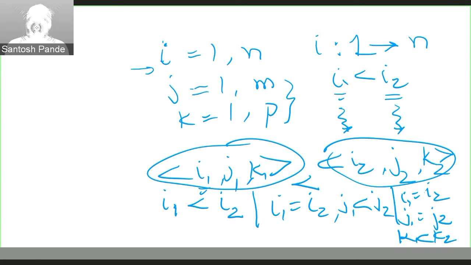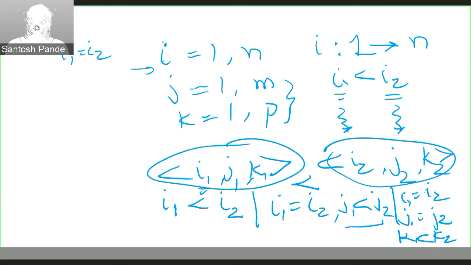The other possibility is, however, that the I1 and I2 components are equal. So let's say we are within a given iteration of the I loop. Here, let's say that I1 is also the same as I2. And within that given iteration, we are hitting the J loop's iterations.